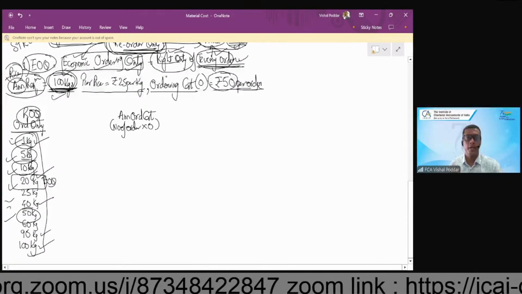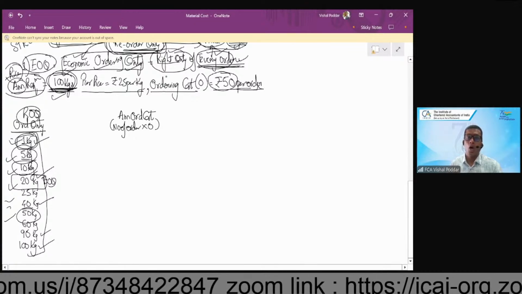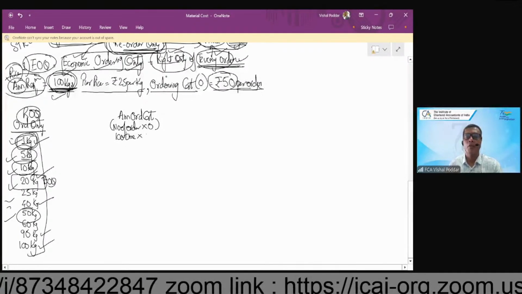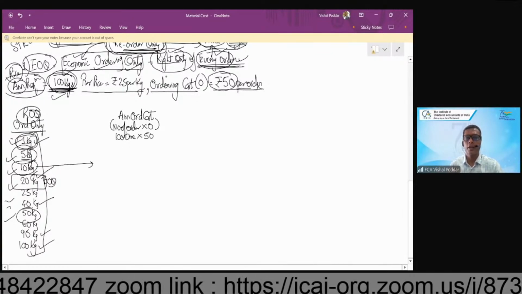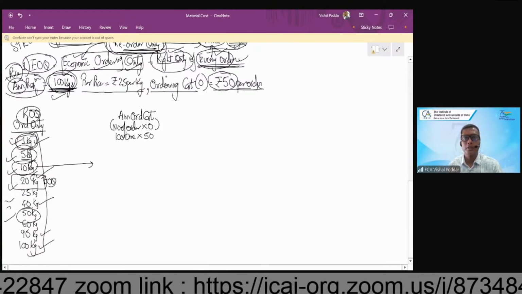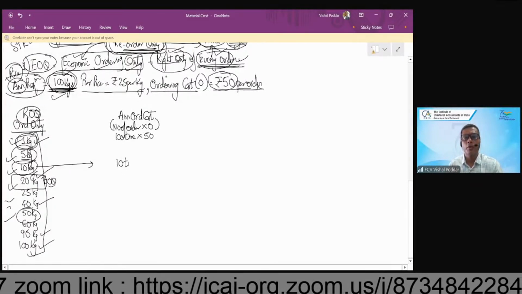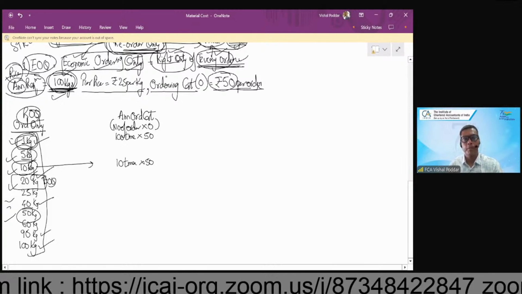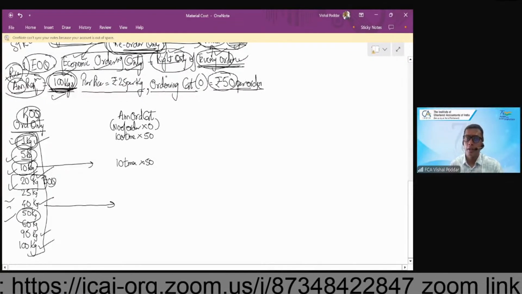So now you can understand, if you are going to place an order of 1 kg at a time, how many times will you have to go to the market? 100 times. Every time you'll incur how much? 50. Another example, let us say 10. If you're planning to purchase 10 kgs at a time, how many times will you have to go to the market? 10 times. How much will be the cost? 50 every time. Let us say you decide to purchase 40 kgs.